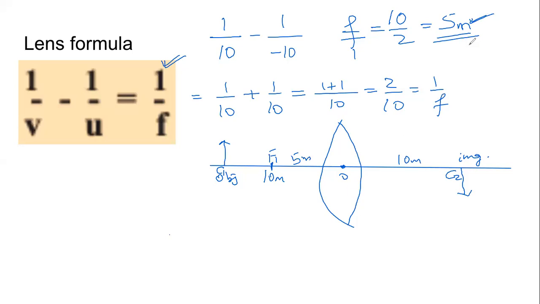And why are we getting it +5 here? Because our object is on the left hand side, so the focus for this object is on the right hand side. So actually we are getting this distance +5.